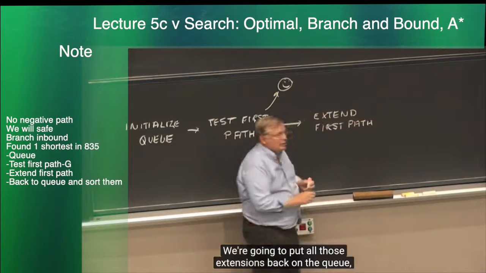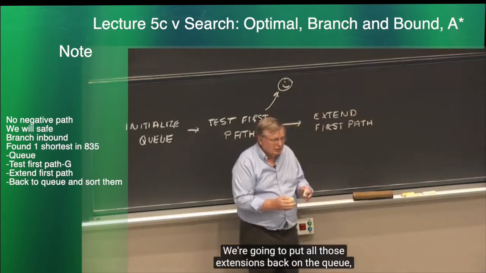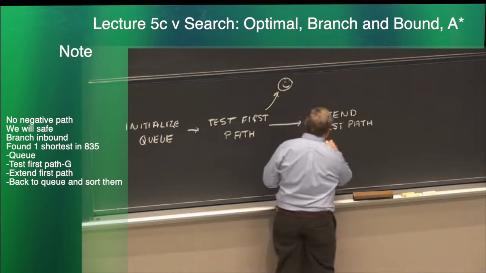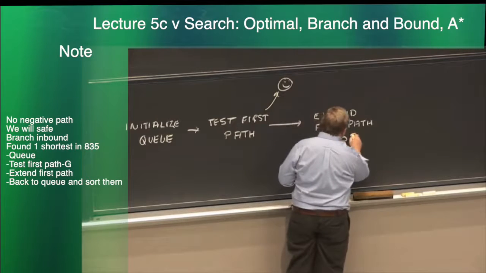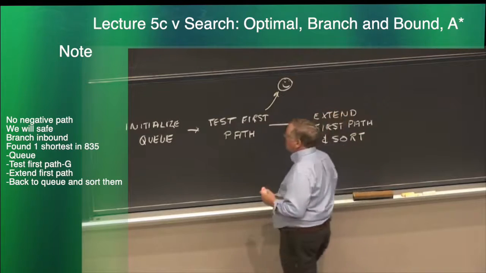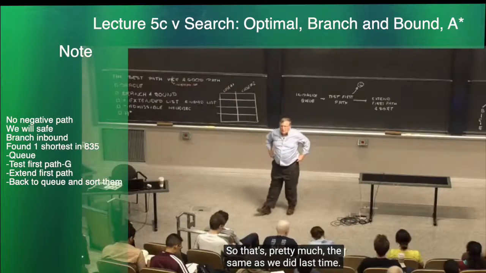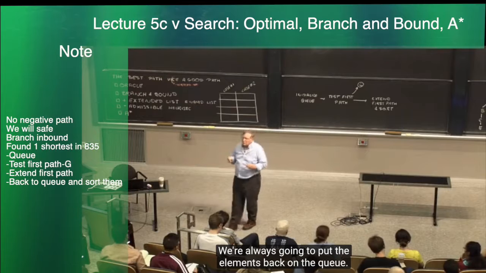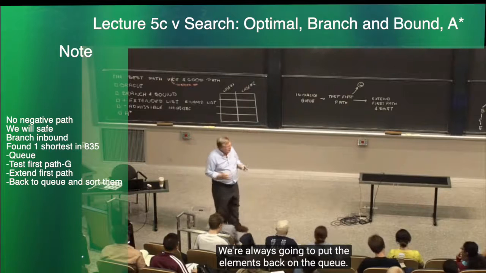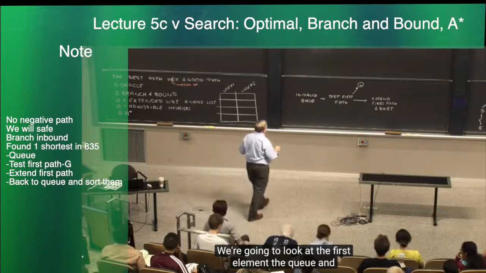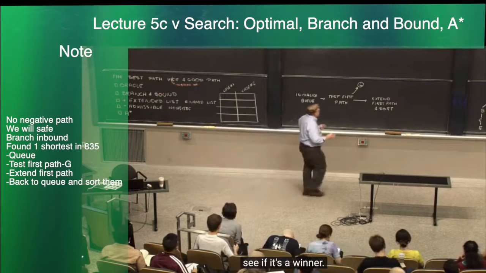We're going to put all those extensions back on the Q, and then we're going to sort them. So that's pretty much the same as we did last time. We're always going to put the elements back on the Q. We're going to look at the first element on the Q and see if it's a winner. If it is, we're done.